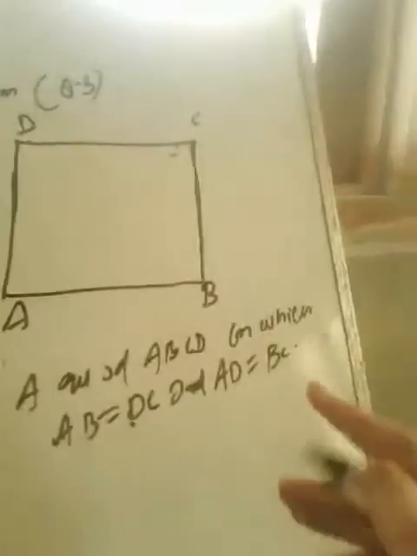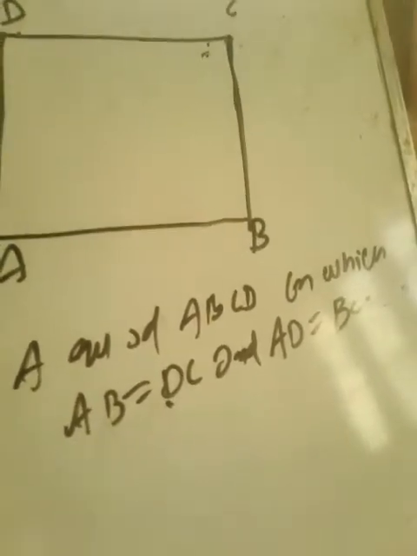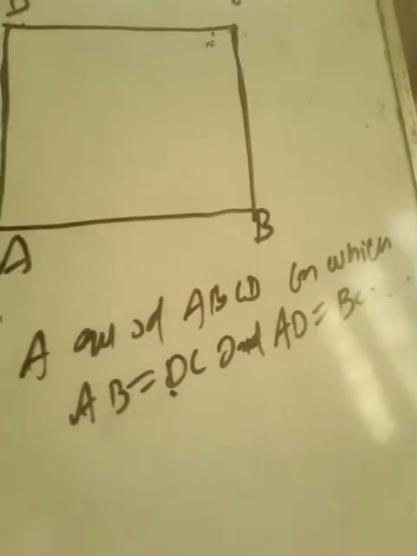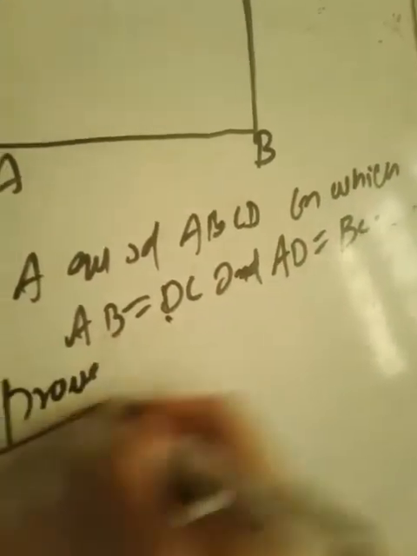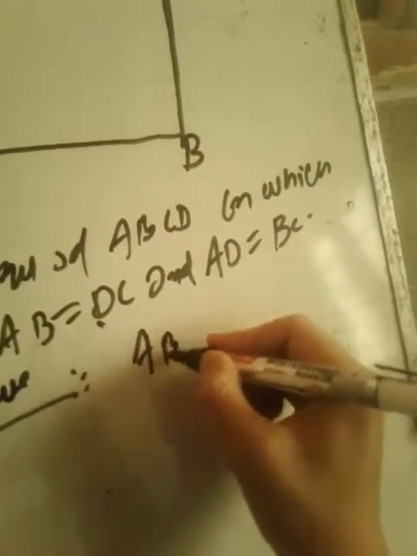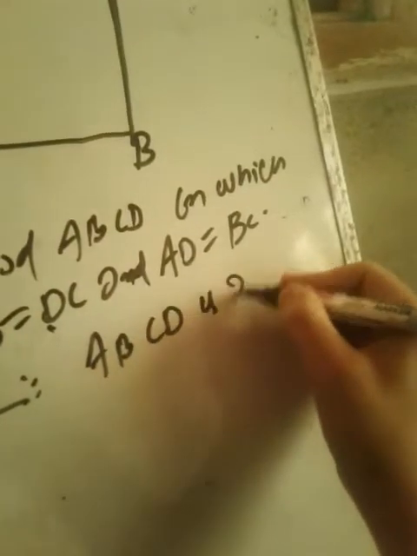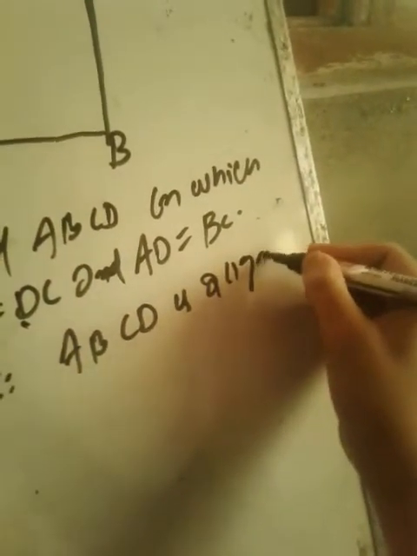To prove, 3 steps you know. To prove: ABCD is a parallelogram.